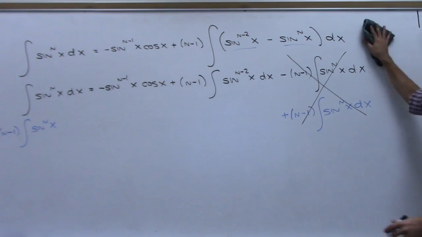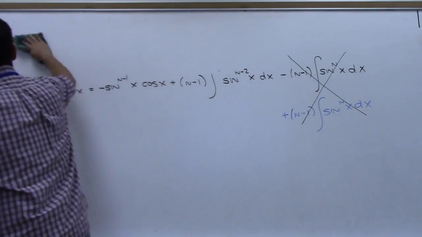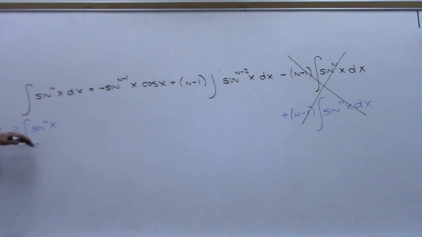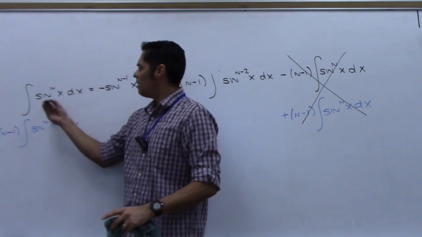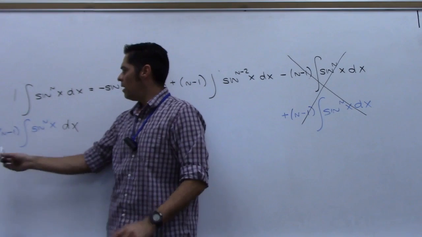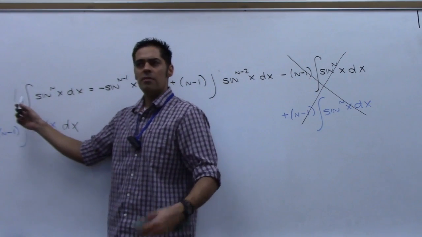I erased the thing we're trying to get to. Oh, well. How many of these guys are over here? N of them, right? Because how many of these are there right here? One of them. How many of these? N minus 1. What's n minus 1 plus 1? Just n.